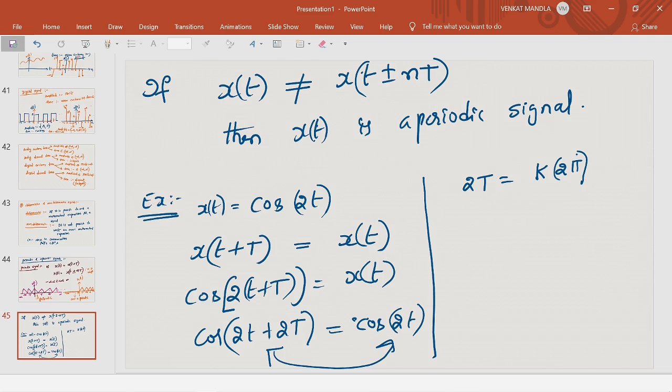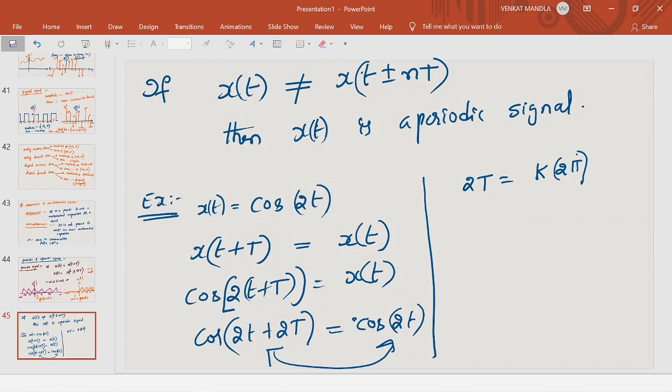Suppose k equal to 0, then cos of 2t plus 0 is cos 2t. K equal to 1, cos of 2 pi plus theta is cos theta. K equal to 2, cos of 4 pi plus theta is cos theta, and so on.